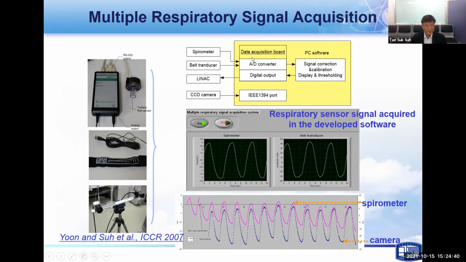This system is very useful for verifying the accuracy of a respiratory signal by comparing them with each other. As you see in this figure, two signals show the same patterns, which seems to be very reliable. So if there is some mismatch, then there is some problem.